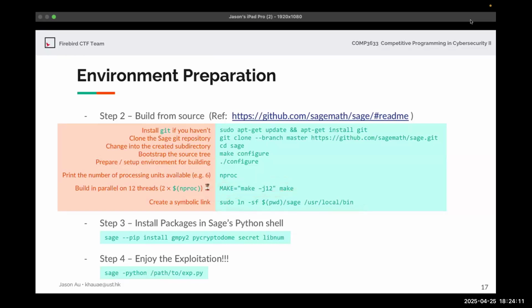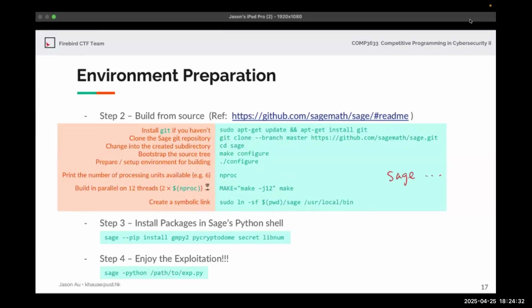After the compilation, which would take a very long time, you would need to create a symbolic link so that you can just type in sage in the shell, and then you can use the functions in Sage. And then we can use the Python shell within Sage. But before that, we need to install some packages for Python.